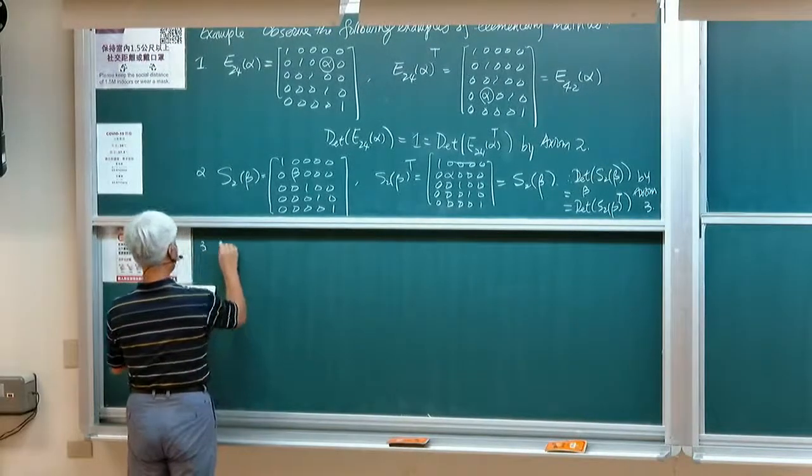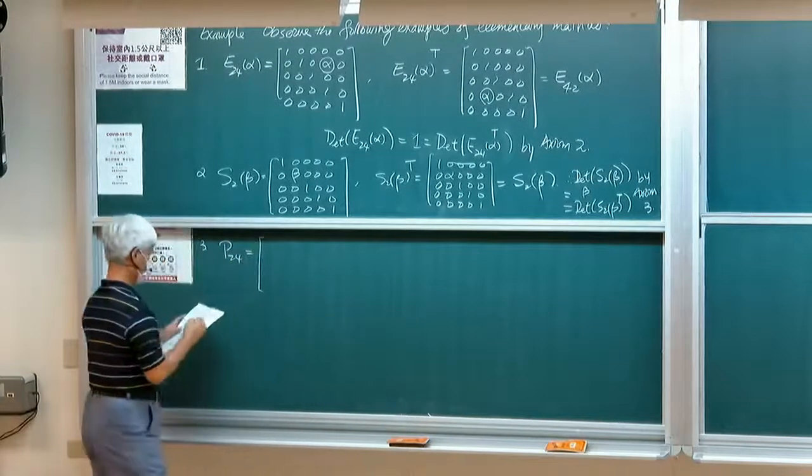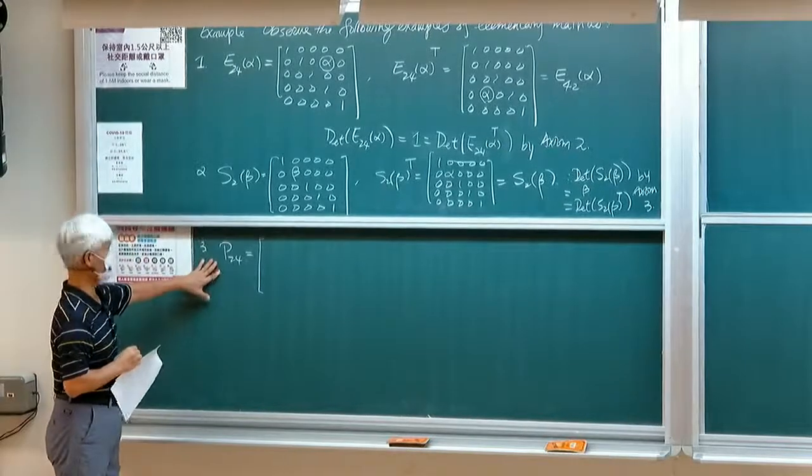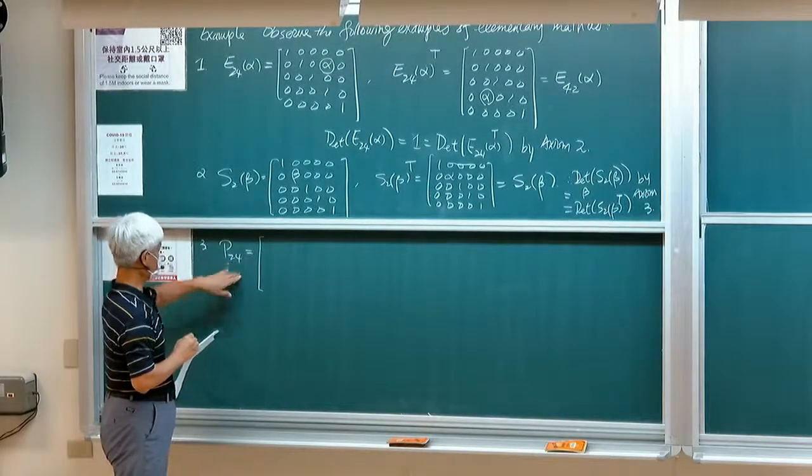The third one, P. So the swap. This elementary matrix corresponds to swapping the second and the fourth row.